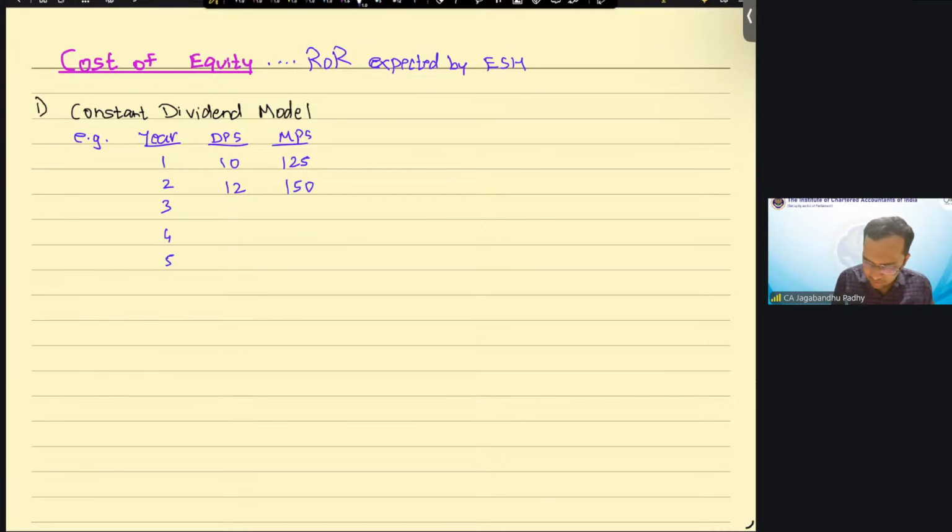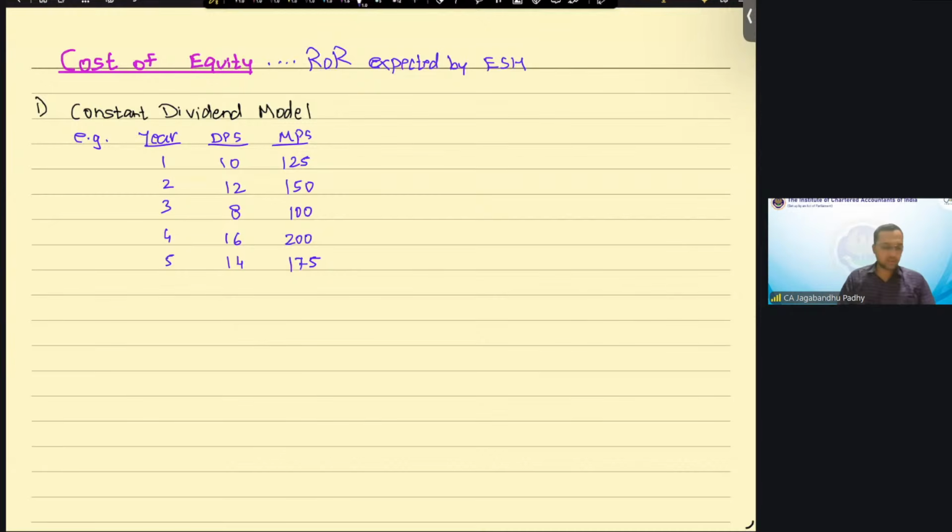Another year, company gave a dividend of 8 rupees. Market price became 100. Then company gave a dividend of, let's say, 16. The market price jumped to 200. And another year, the company gave a dividend of 14 rupees. Then the share price was 175.